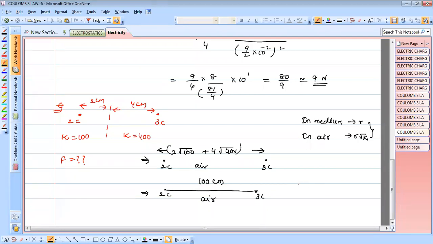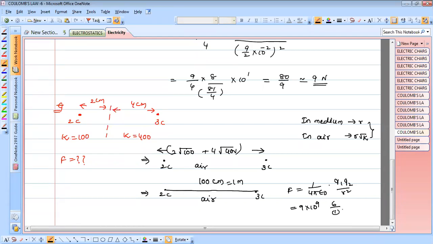So now the force equals 1 by 4 pi epsilon naught Q1 Q2 by R square. 100 centimeter is nothing but 1 meter. Now 1 by 4 pi epsilon naught is 9 into 10 power 9. Q1 Q2 means 2 into 3, 6.